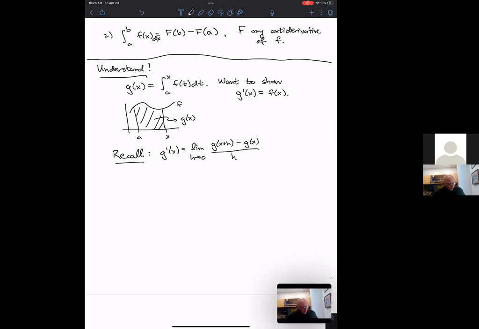So let me go ahead and plug in the actual definition of g, right? So g of x plus h means I'm integrating from a up to x plus h. So let me write that down. Integral a to x plus h, sorry, not g, f of t dt. That's my g of x plus h.